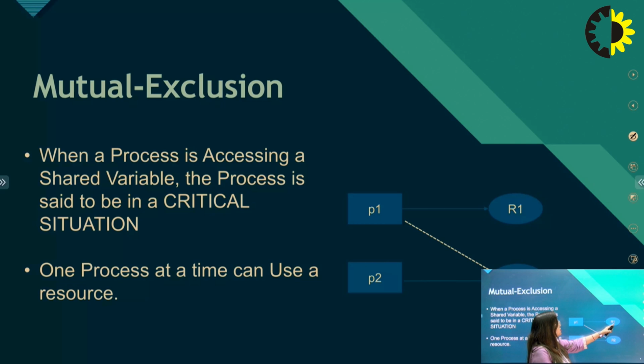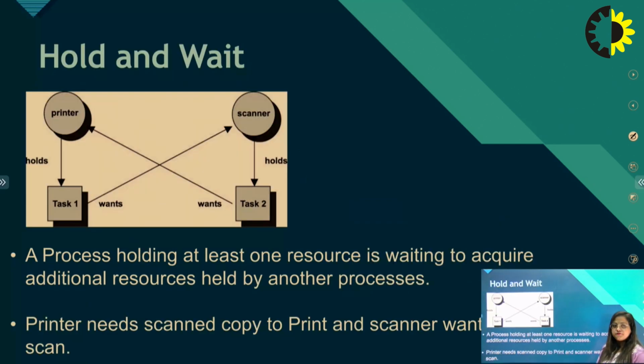When R1 is used by P1 or R2 is used by P2, no deadlock condition occurs. But if R2 is a resource and both P1 and P2 want it at the same time, then this condition occurs. Only one process at a time can use the resource.